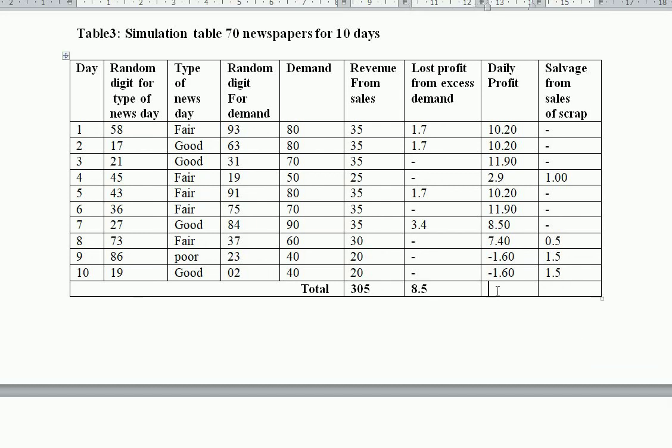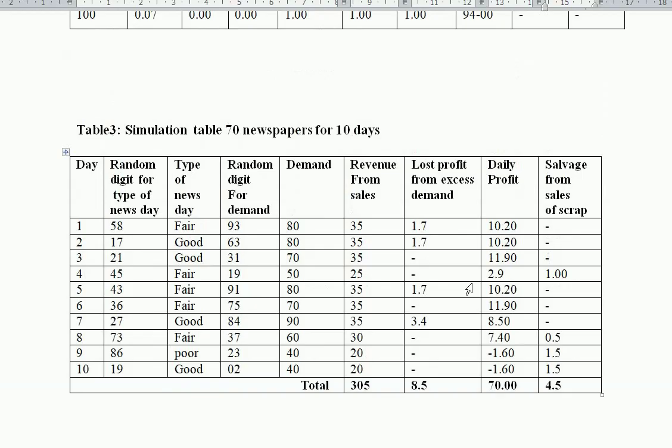And the daily profit, if I add all this, 70.00. And the next is salvage from sales of scrap, that you are going to get, it is 4.5. So this is the daily profit. For the 10 days, the total profit you are going to get is 70 rupees.